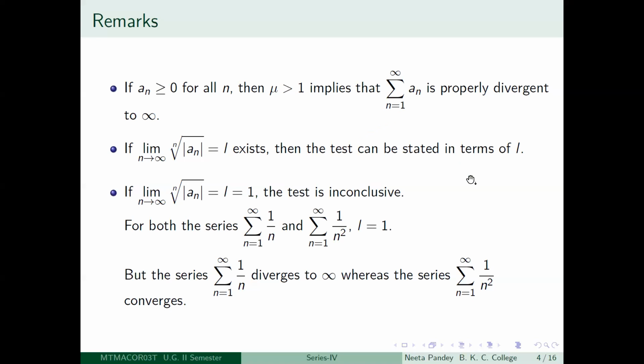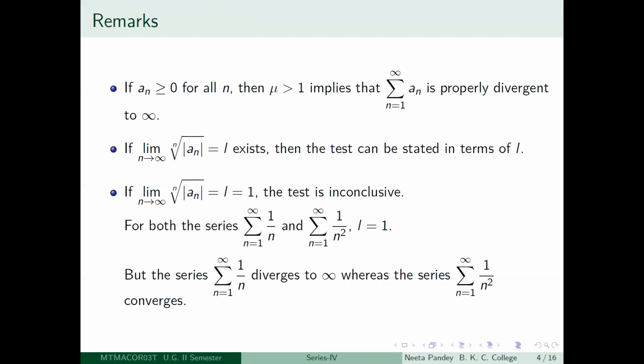Secondly, if the limit as n tends to infinity of the nth root of |a_n| exists, then obviously that is equal to the lim sup of the nth root of |a_n|. So you can state the test in terms of the limit.